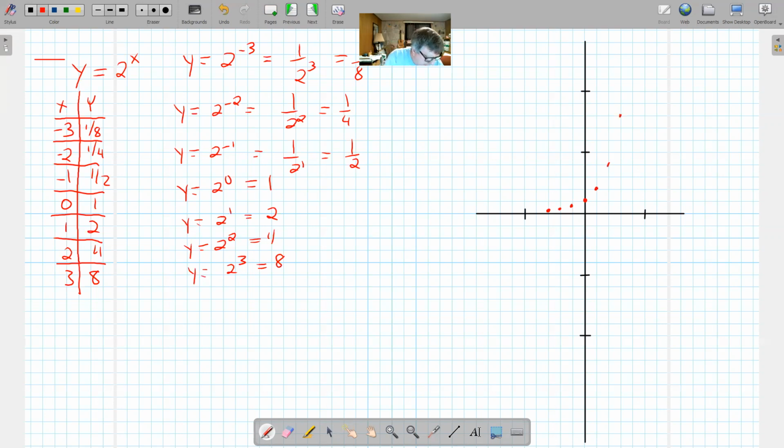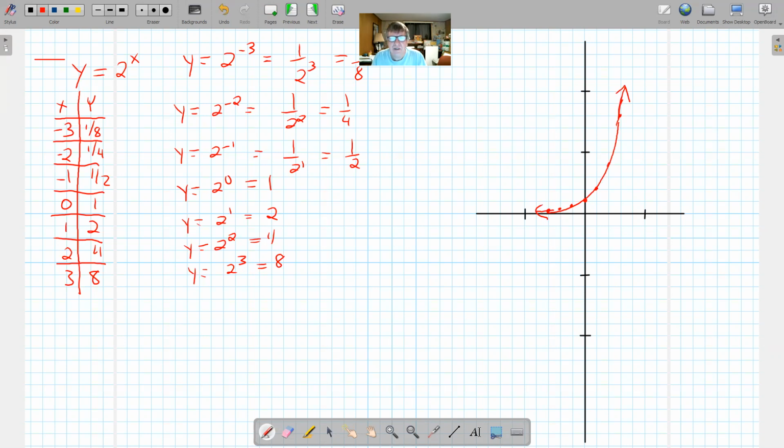So we get a graph. Let's see here if I can draw a decent curve there. Trying to match. Yeah, that's close. This continues on, and this continues on in that direction.